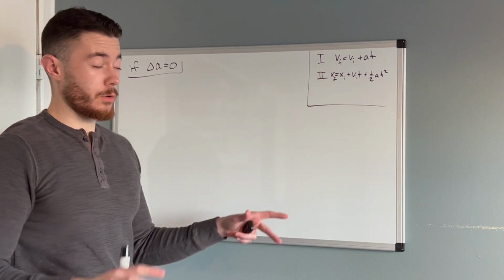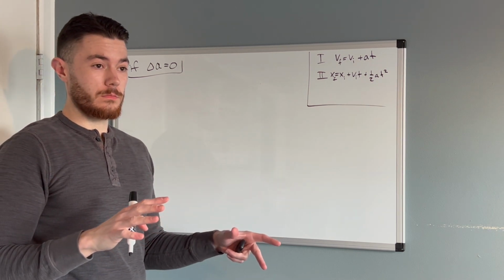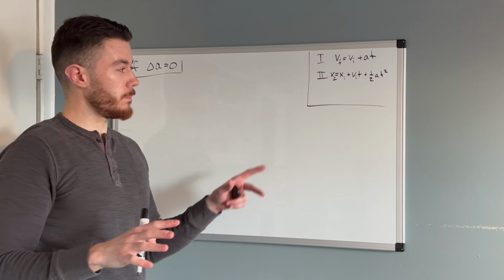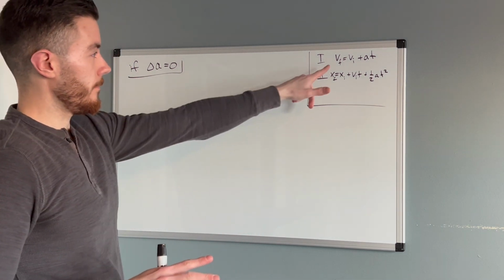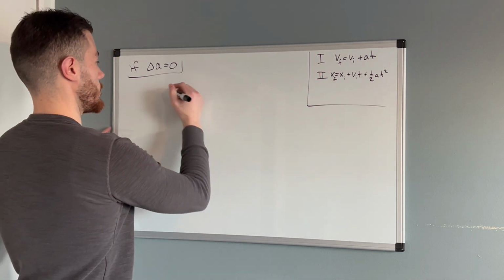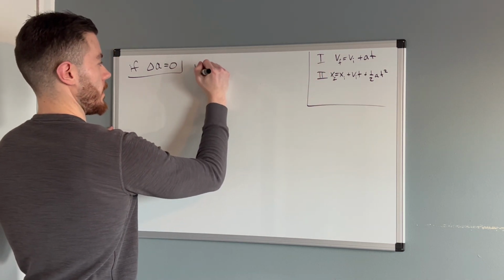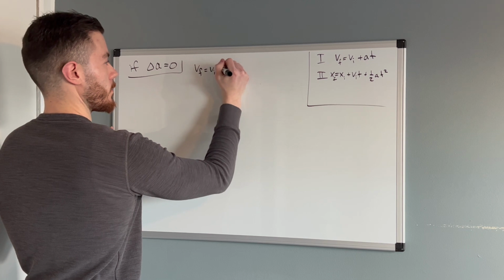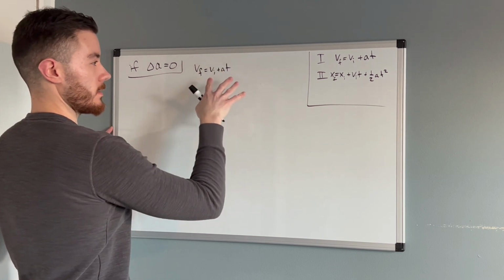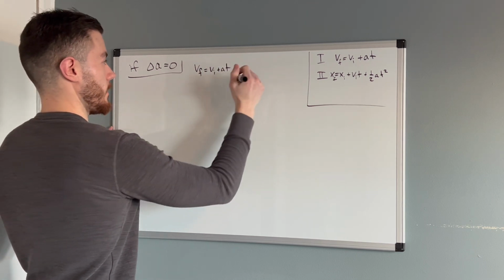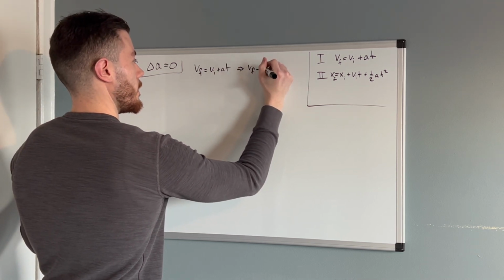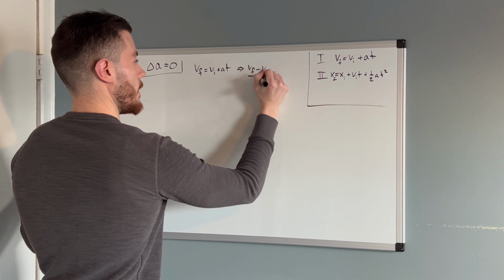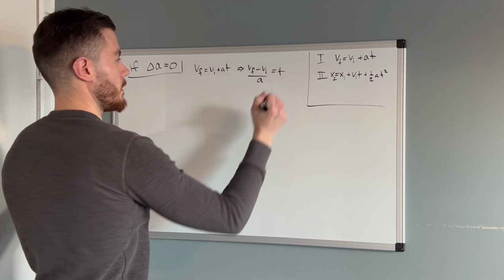The way we get the third one is going to involve both of the first 2. So let's take the first one, which is vf equals vi plus at, and let's solve for t. vf minus vi over a is equal to t.